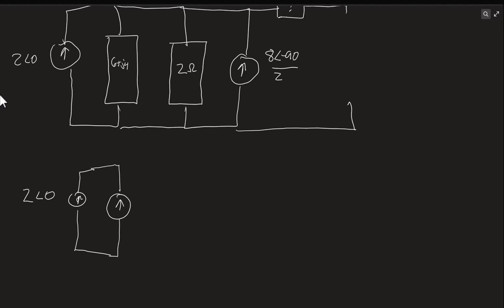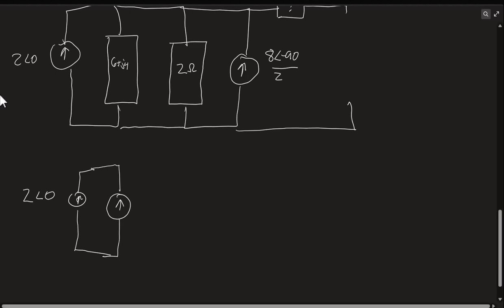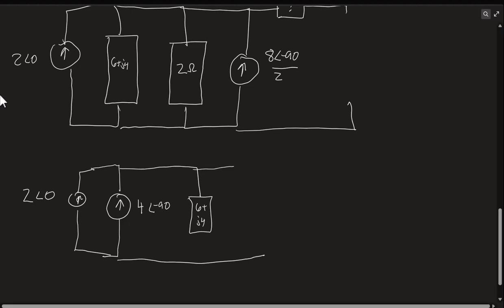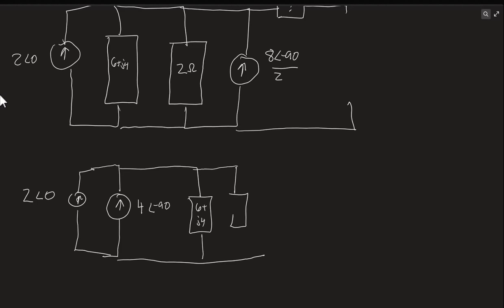You can rearrange them to be in any order. So 8 angle negative 90 divided by 2 is now 4 angle negative 90. Six plus j4. And 2 ohms.